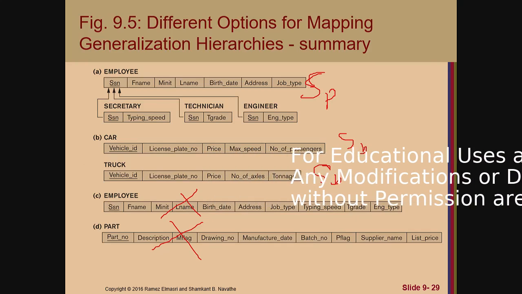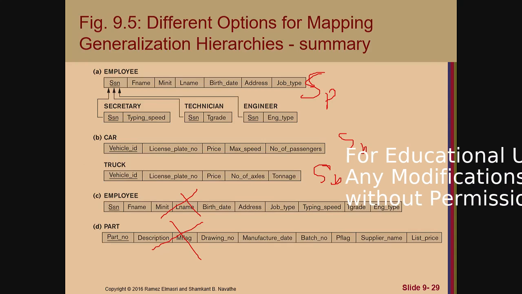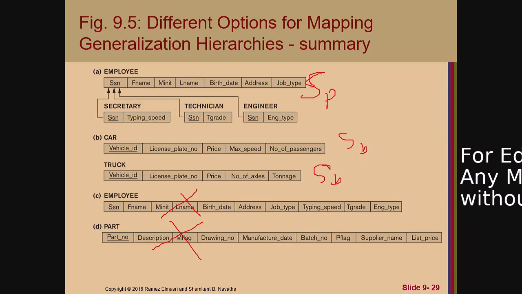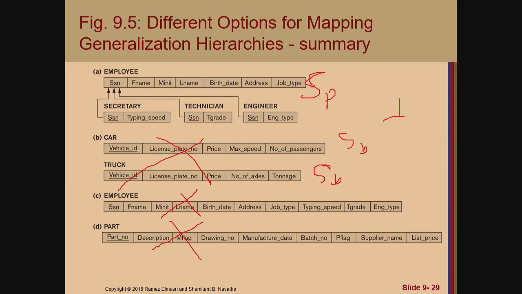You can use it, but a lot of null value, not recommended. And of course, you cannot use this one, the B. The B exactly no. If it's just partial participation, partial is just one, just a single line.